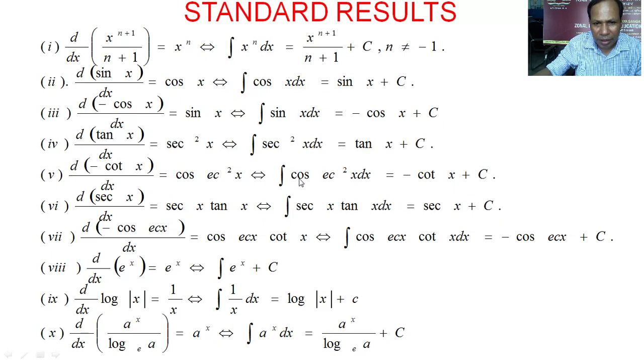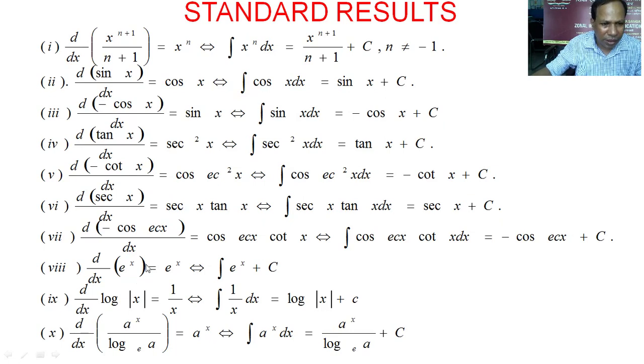Integration of cosec square x dx is minus cot x. Integration of sec x tan x dx is sec x. And integration of cosec x cot x dx is minus cosec x. Each result is followed by some arbitrary constant because these are all indefinite integrals, so every indefinite integral result is always followed by some arbitrary constant.